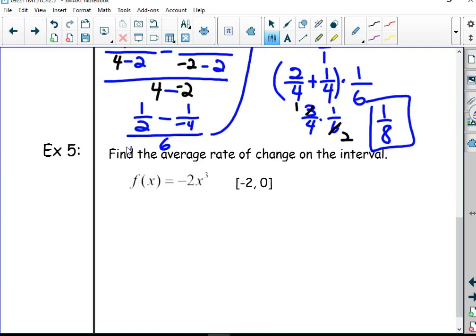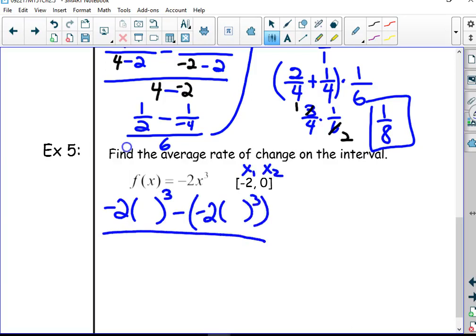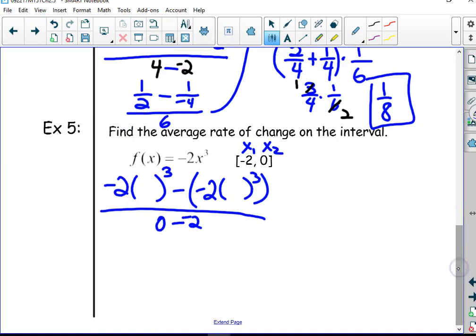On to the next one. All right, negative 2, I'm going to put in negative 2 to the third minus negative 2 to the third all over 0 minus a negative 2. All right, I have a 0 here and a negative 2 here.